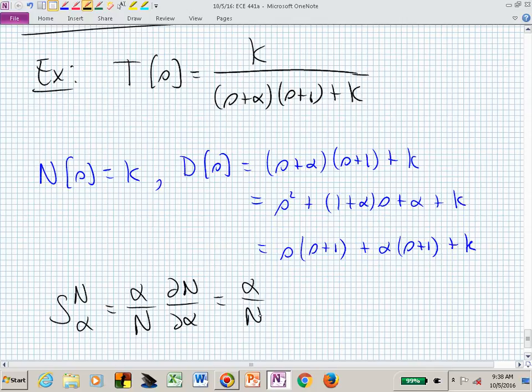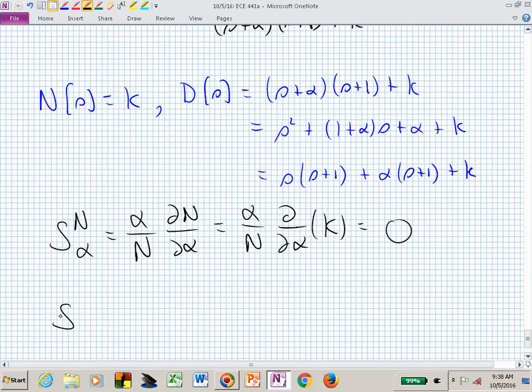We now are taking the partial with respect to alpha of K. K is not a function of alpha, so that's a simple 0. What's the sensitivity of our denominator with respect to alpha?